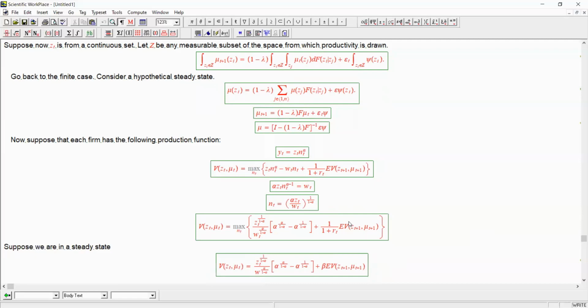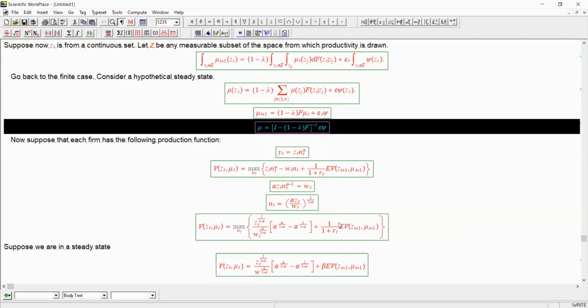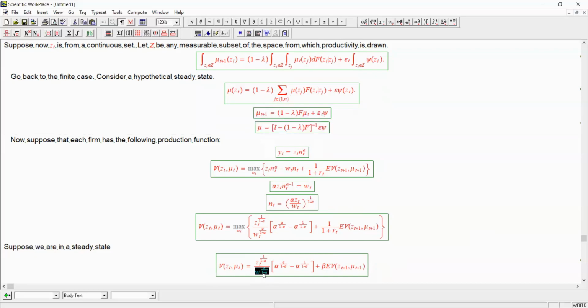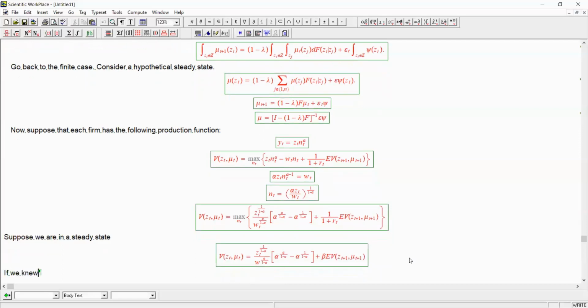And now, just like we were able to solve for this measure using vector methods, you can do the same here if you tell me what W is, right? If someone were kind enough to tell me what the equilibrium wage is in the steady state, we could compute this easily for the finite case, because V is a vector.